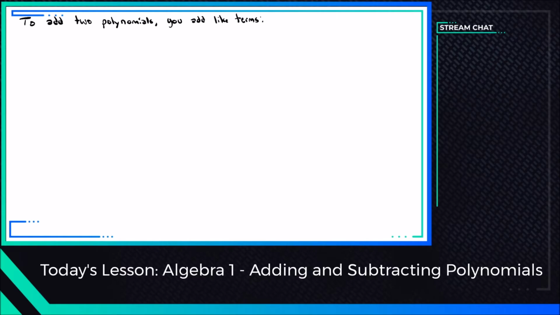So I'm just going to dive straight into an example here. If we have the polynomial 2x cubed minus 5x squared plus an x, and we're going to add to that 2x squared plus x cubed minus 1.